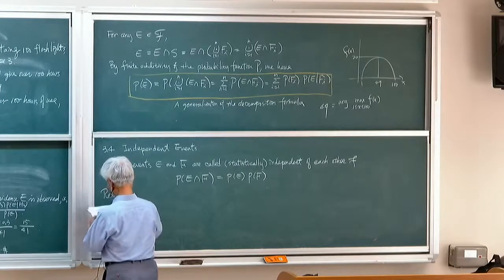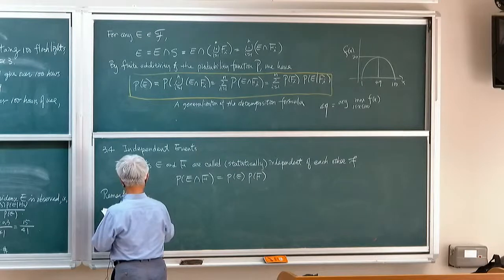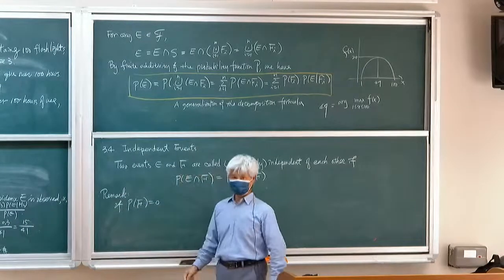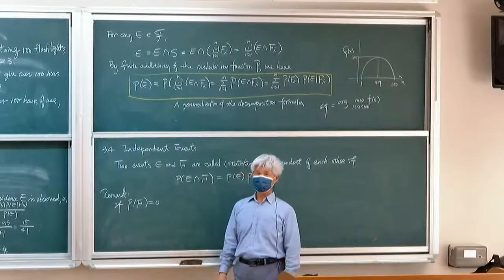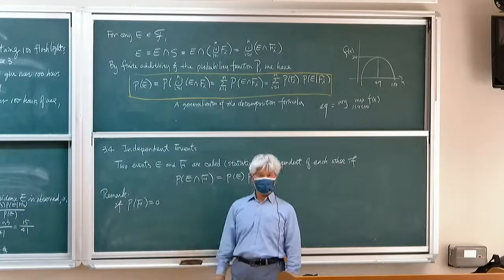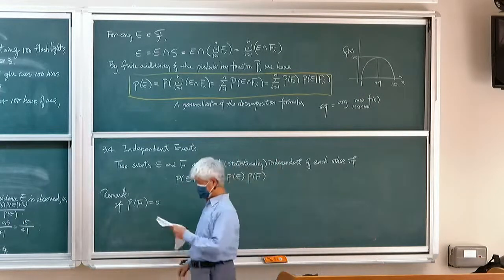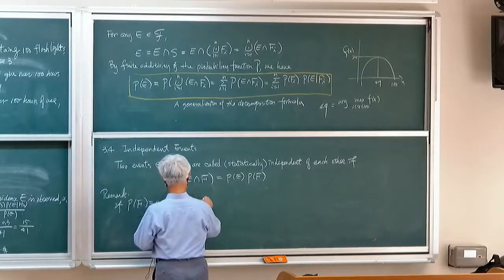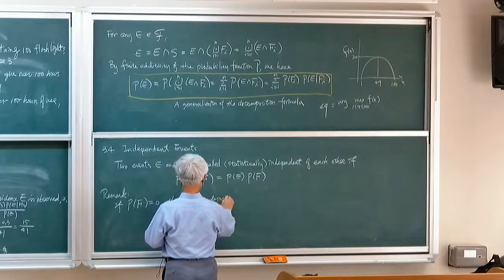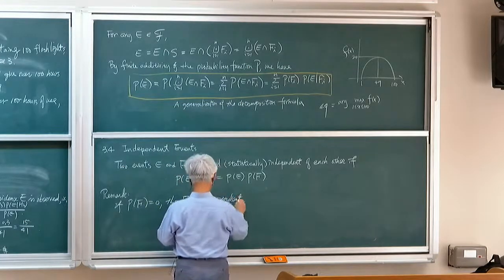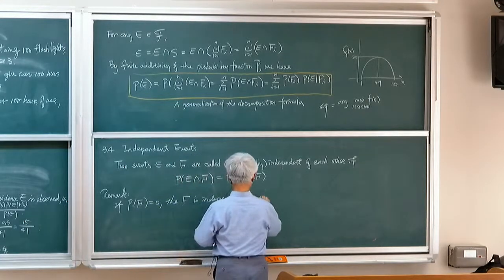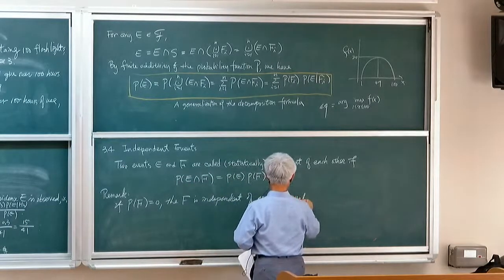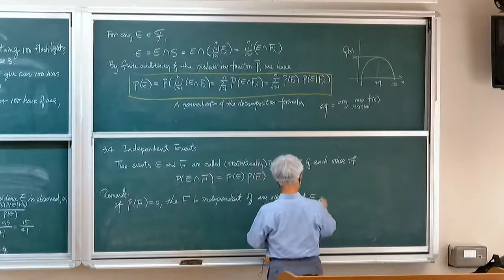If we have an event F with zero probability, then F is independent of any other event E.